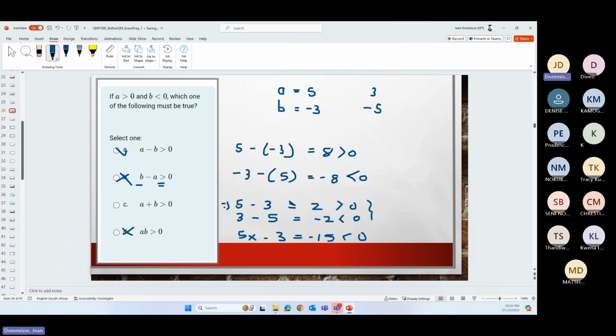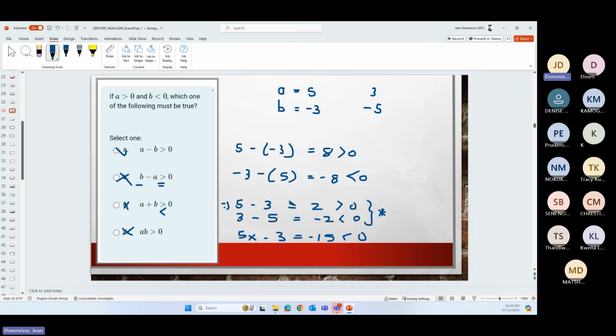Okay, so this one is the one that can actually be bigger than 0, and it can be smaller than 0 to make it correct. Okay, so that's just another way to look at maybe some options.